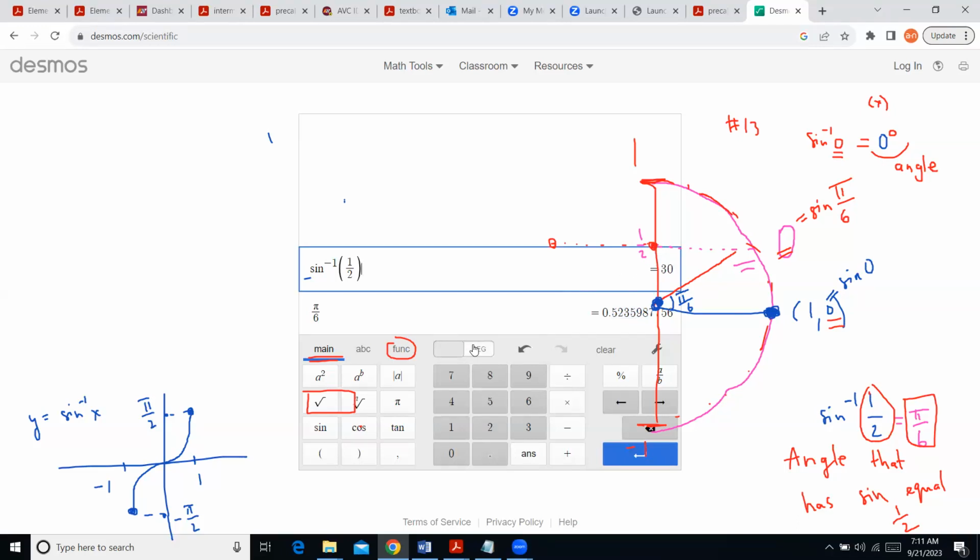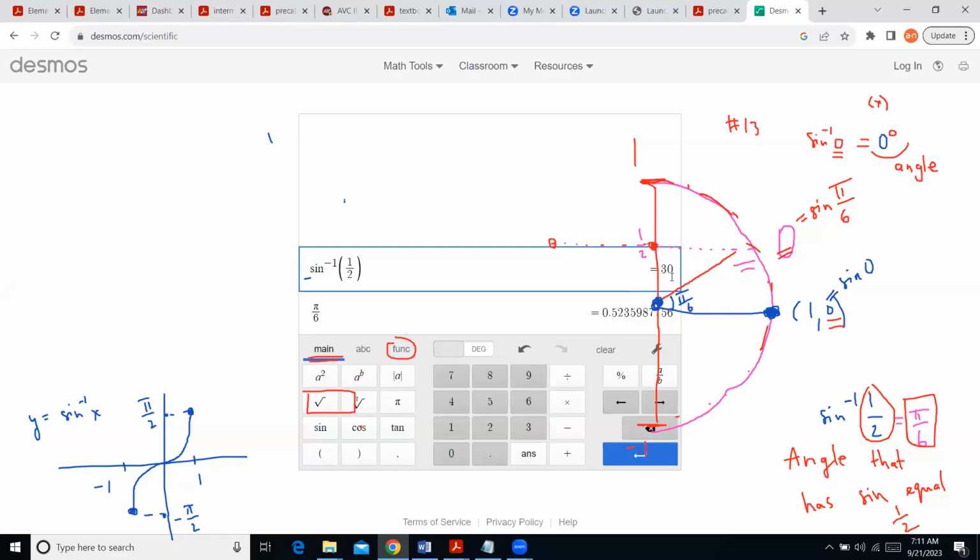If you put it in terms of degrees, though, it will give you 30 degrees. So it probably makes more sense to use degree mode. Well, again, I'm giving you inside information, because the textbook actually wants you not to use a calculator for this.